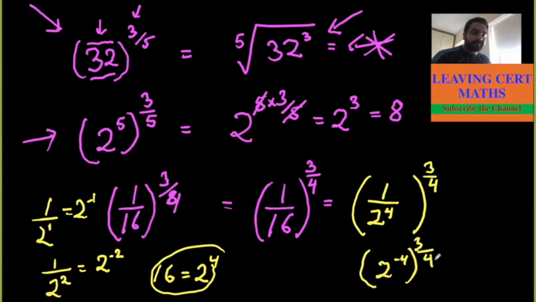Any trouble? Then would you multiply the minus 4 by the 3 over 4? So what will you get? Minus 3. Yes. 2 to the power minus 3. And what is this number?